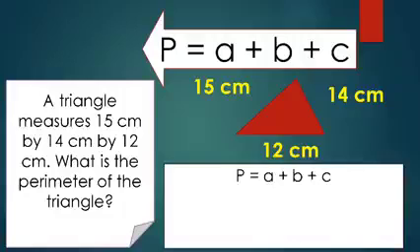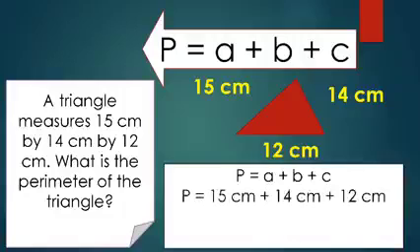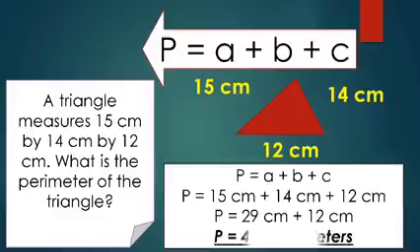By substitution, we come up with P is equal to 15 centimeters plus 14 centimeters plus 12 centimeters. After this, we need to add the sides. 15 plus 14 is 29 centimeters, plus 12 centimeters, that is 41 centimeters. Thus, the perimeter of the triangle is equal to 41 centimeters.